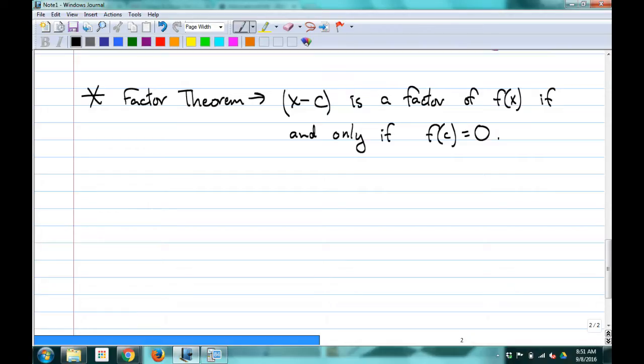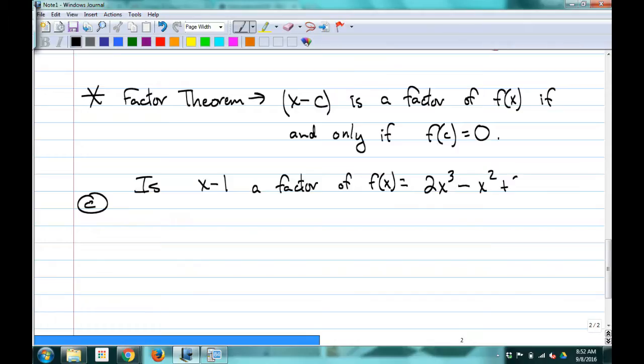So what we want to do is test a few things here with synthetic division, because this is a linear term, right? It's a linear factor because it's just plain x. We can use synthetic division to test to see if something is a factor or not. So we want to test, in this example, is x minus 1 a factor of f of x equals 2x cubed minus x squared plus 2x minus 3.